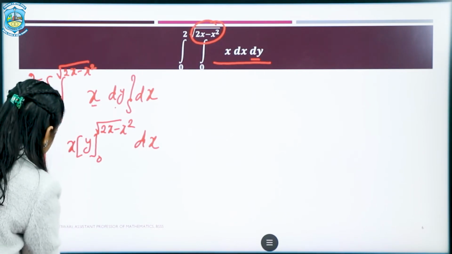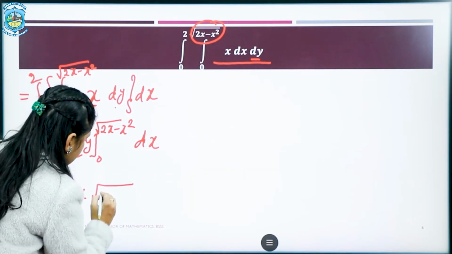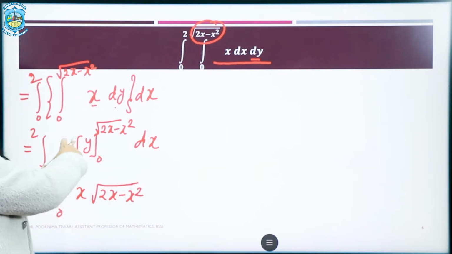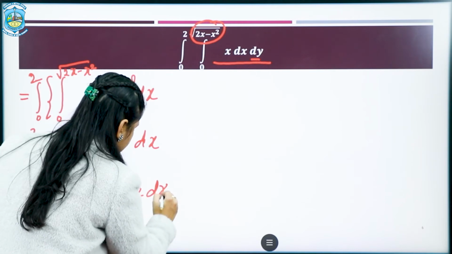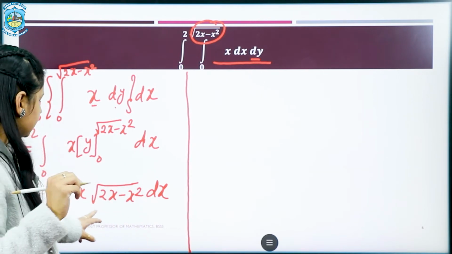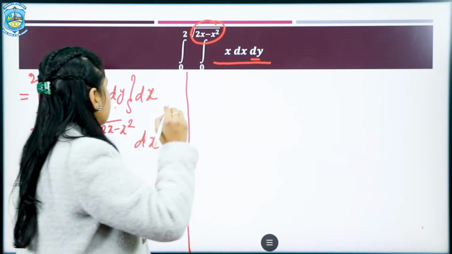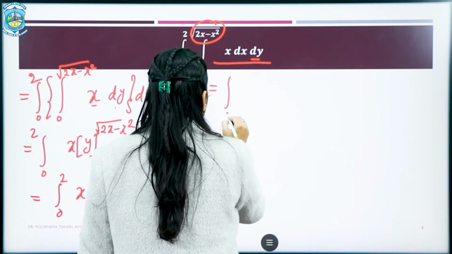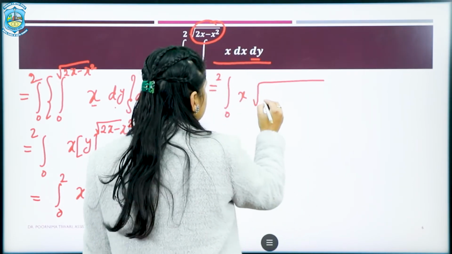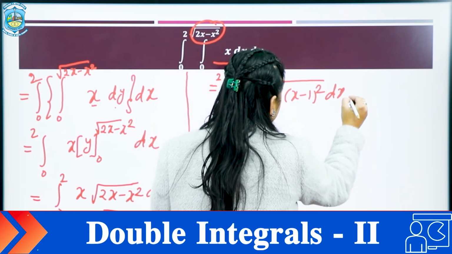Now, when we apply limits, we will get 0 to 2 x multiplied with square root of 2x minus x square, lower limit is 0 and this integration is with respect to x. Now, to solve this integral, we have to change this term in perfect square. So, when we change, this integral will be 0 to 2 x as it is, and square root of 1 minus (x minus 1) square dx.